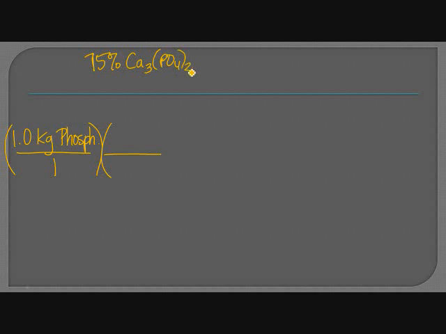Well, I already know that I need to convert it to grams to go to moles to go back to grams. So I'm going to go ahead and multiply by 1,000 grams to get it to be in grams. Okay, so grams over kilograms. Now, this is where we have to switch it from grams of the phosphorite to grams of the calcium phosphate, which is technically what's in our equation.